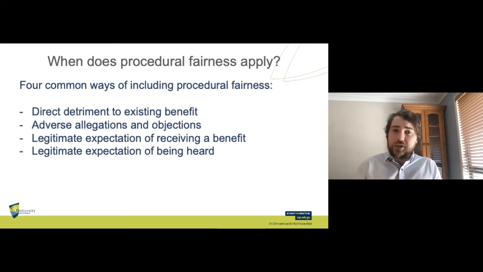Where someone has a legitimate expectation of receiving a benefit, so for example, where one person has received a benefit and then a second person is in the same situation and therefore would expect the same outcome, but they don't get that, you would expect that they would have a right to question that. And lastly, a legitimate expectation of being heard. And we'll talk about that in a bit more detail in relation to the hearing rule in a moment.